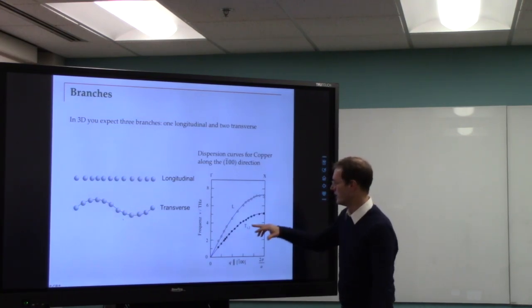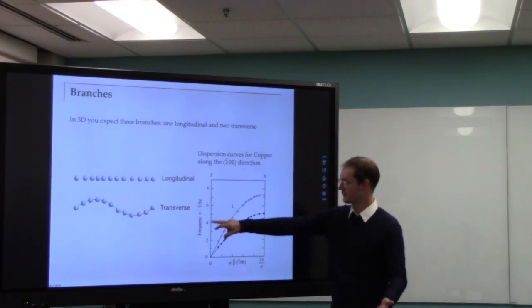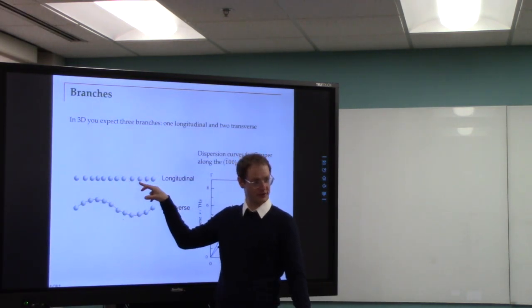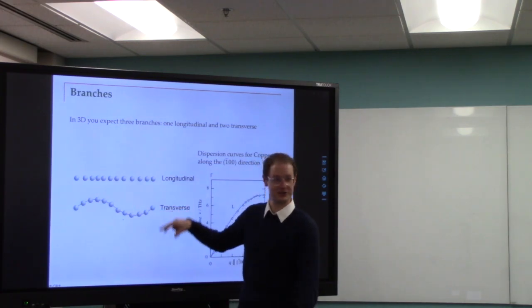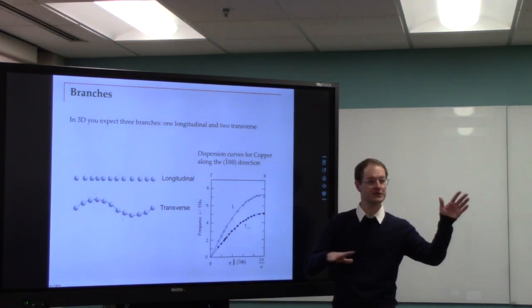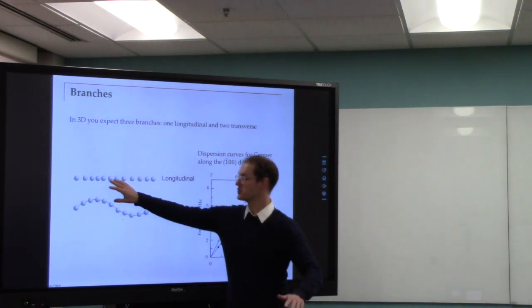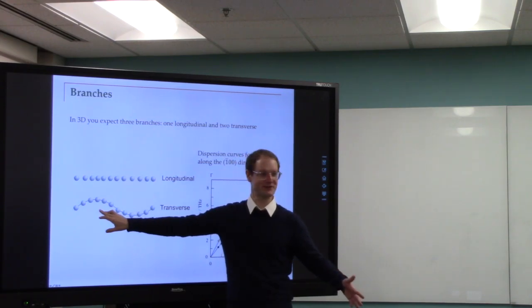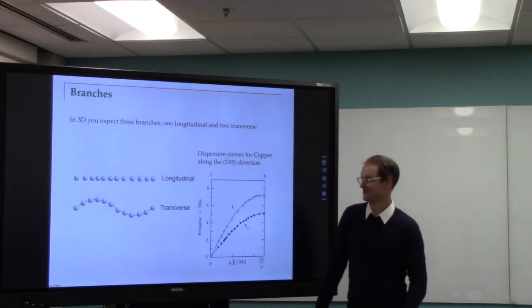Right? And so in principle, these can have different frequencies because the force constants for motion in this direction can be different than the force constants for motion in the transverse direction. And if you make an analogy to molecules, this would be kind of like stretching modes of a linear molecule versus bending modes of a linear molecule. Okay?